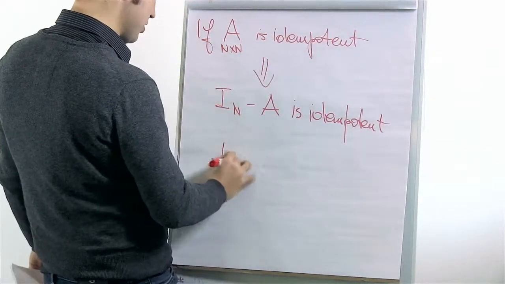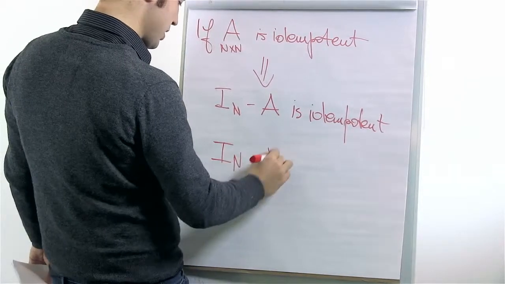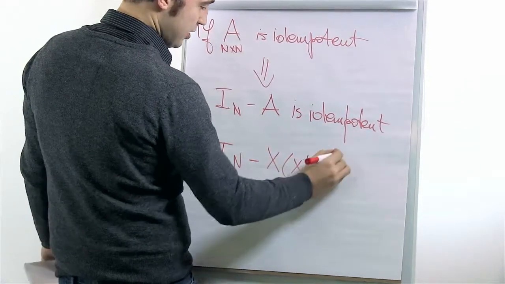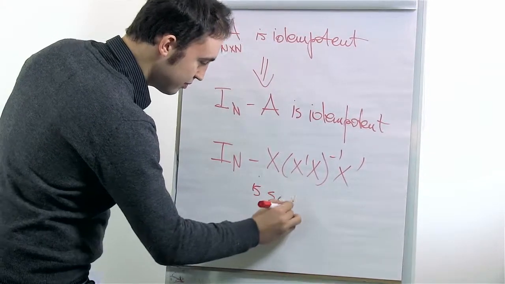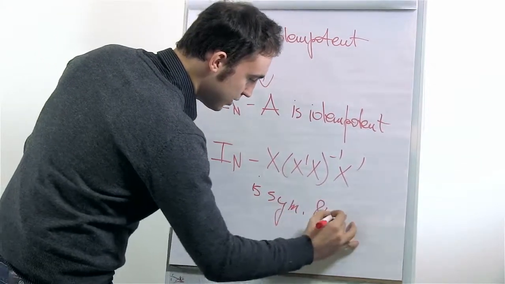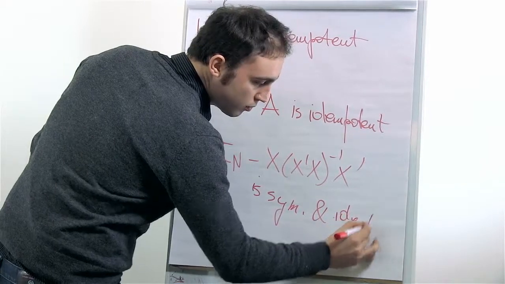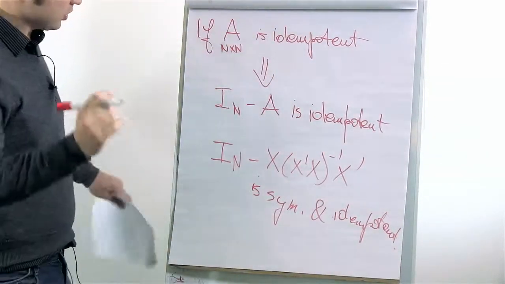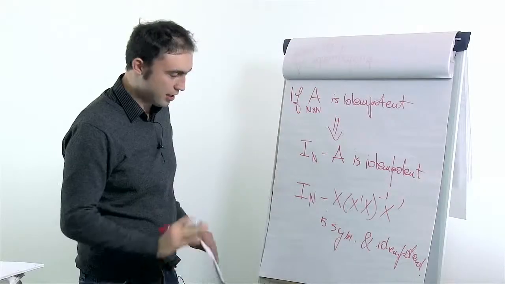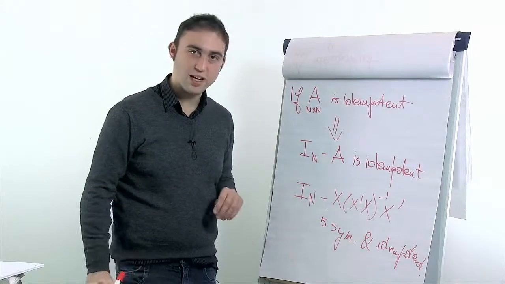Then it is very easy to find that I_n minus X transpose X inverse X transpose is symmetric and idempotent. Okay, well, I think that we have finished for this lecture, and thanks.